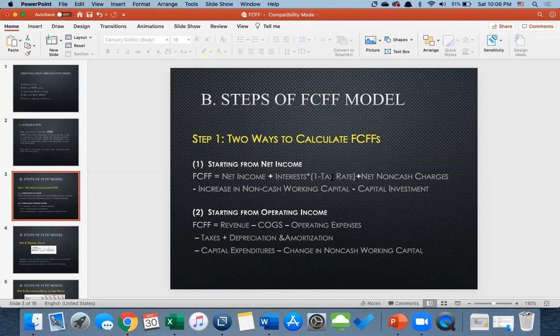While if we start from the operating income, which is the revenue minus COGS minus operating expense, then we minus taxes, plus back the depreciation and amortization, then minus capital expenditure and changes in non-cash working capital, the items that will change the cash flow levels.